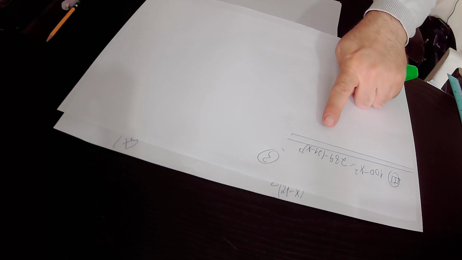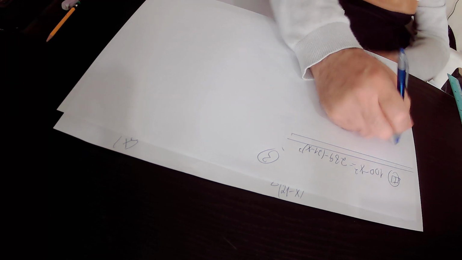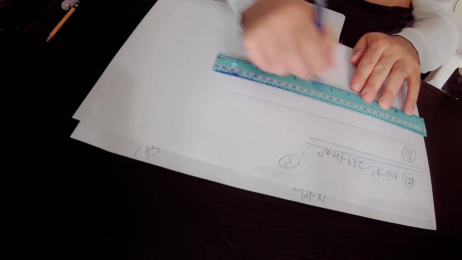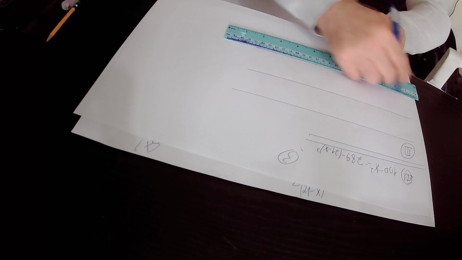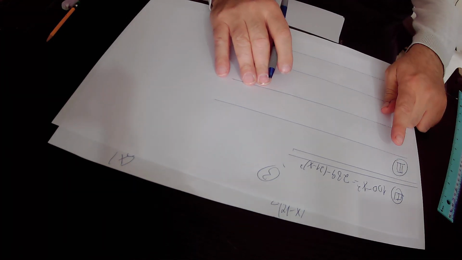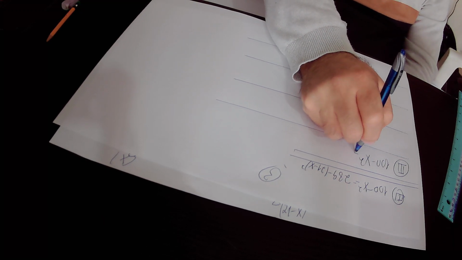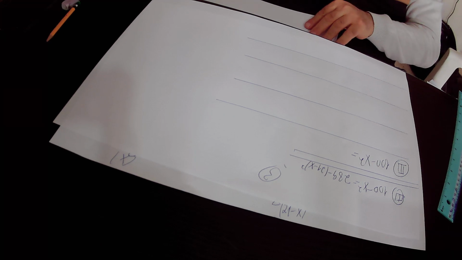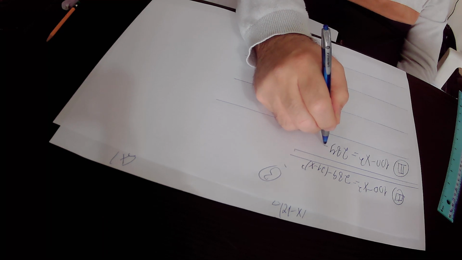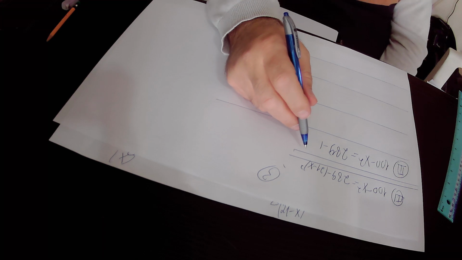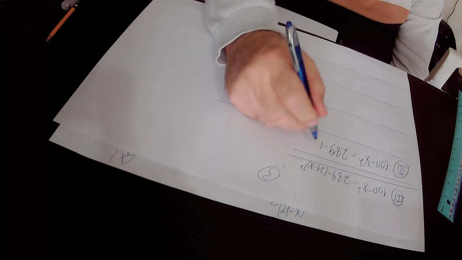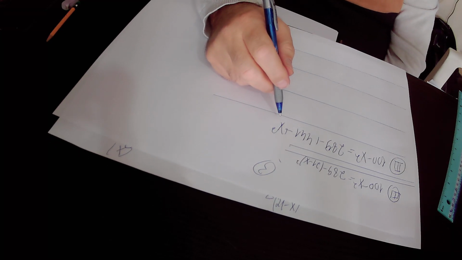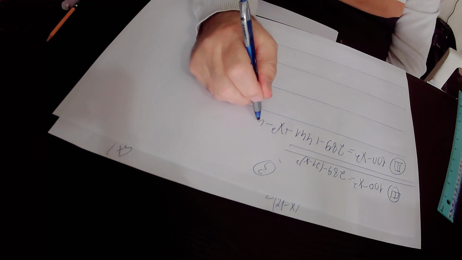So here we'll open the brackets of the expression (21 minus x) squared. According to equation 3, on this side we have 100 minus x squared, and it equals, on the other side, 289 minus (21 minus x) squared. (21 minus x) squared equals 21 squared, that is 441, plus x squared, minus 2 times 21 times x, which is minus 42x.